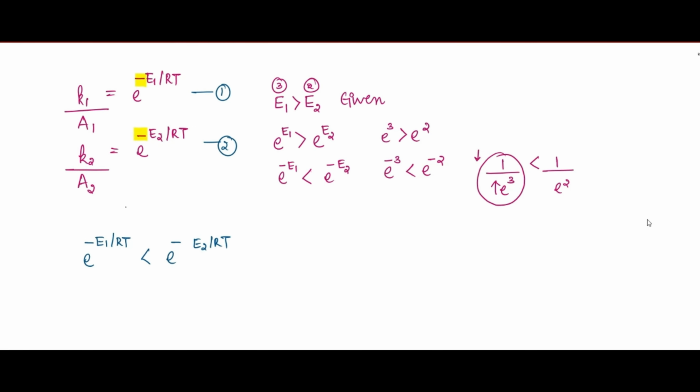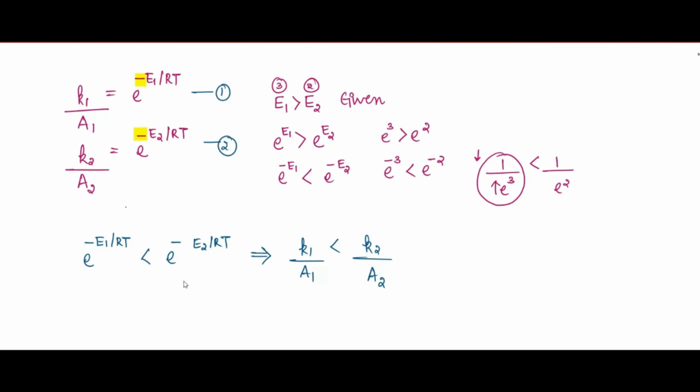I hope this is clear. So if the RHS is related this way, automatically we can say that K1 by A1 is going to be less than K2 by A2, of course. Right?